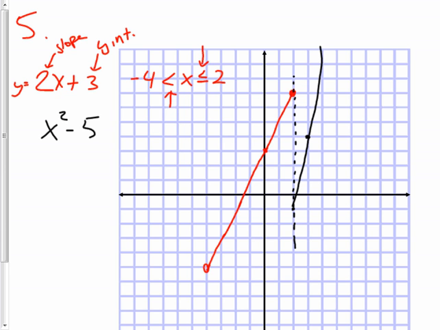So I've got to look at my domain on this other one and say, is it at 2? It's this function. It's not this function. So it's got to be an empty spot. Now I check my endpoints and make sure this thing passes the vertical line test, and it does. And that's it. There's your answer for number 5.